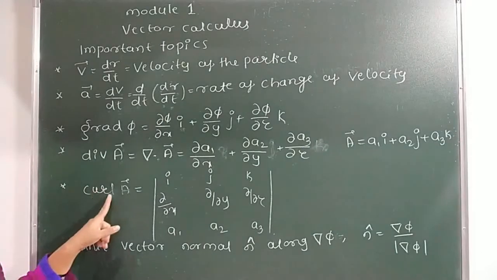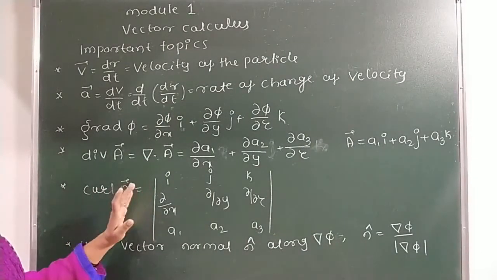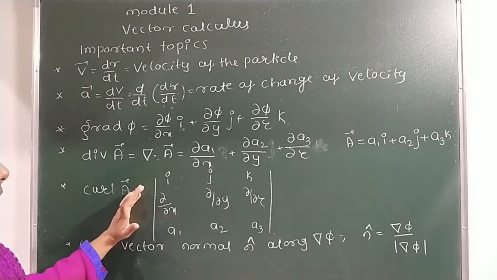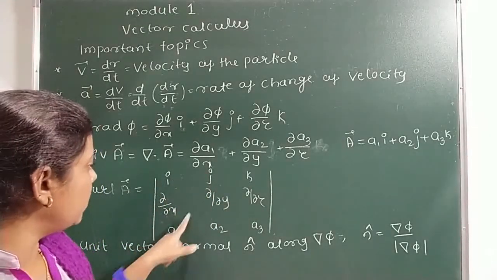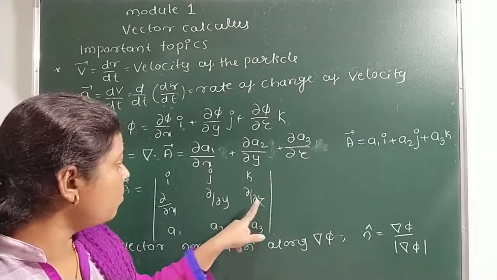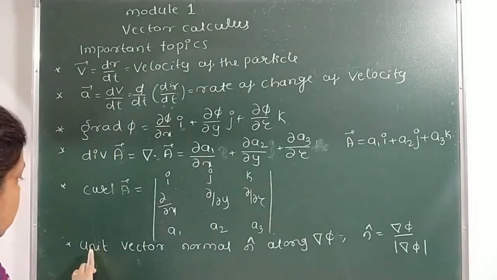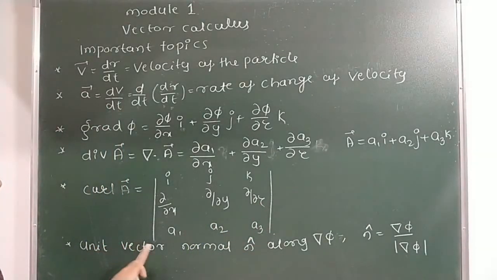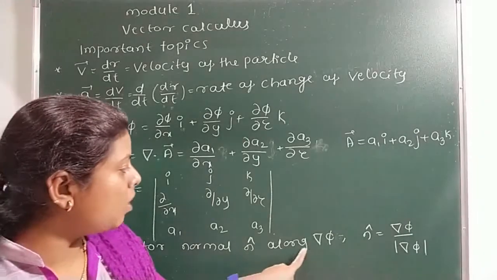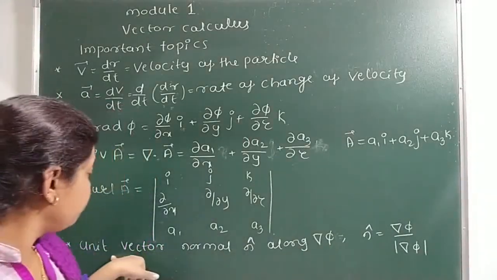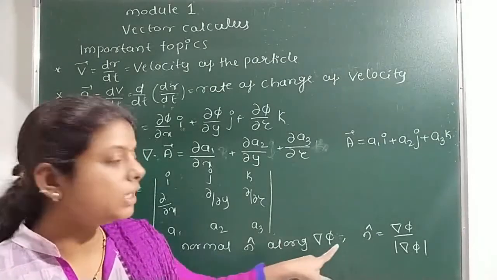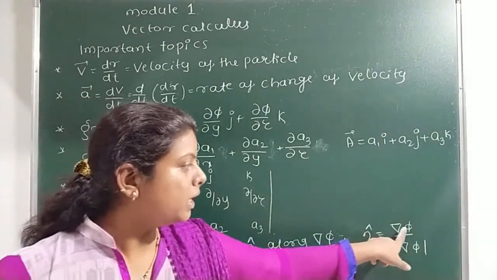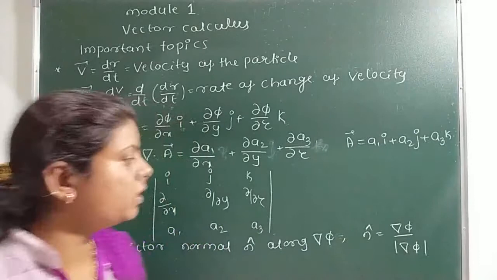Now the third one is curl of vector A. Here the curl we have to apply with the matrix method: i, j, k; ∂/∂x, ∂/∂y, ∂/∂z; a1, a2, a3. Then the next is the unit vector normal n cap along del phi. The unit normal n cap along grad phi is grad phi divided by mod grad phi.